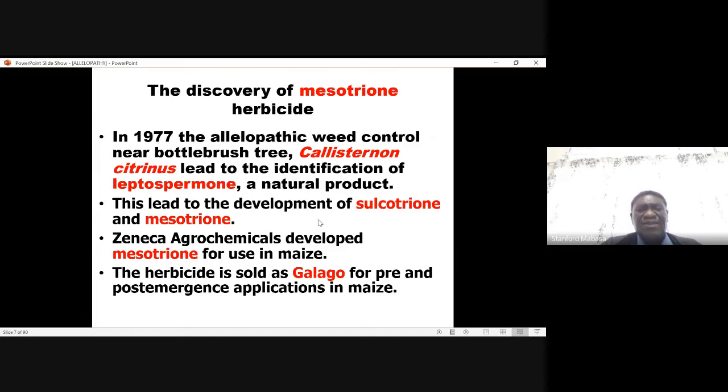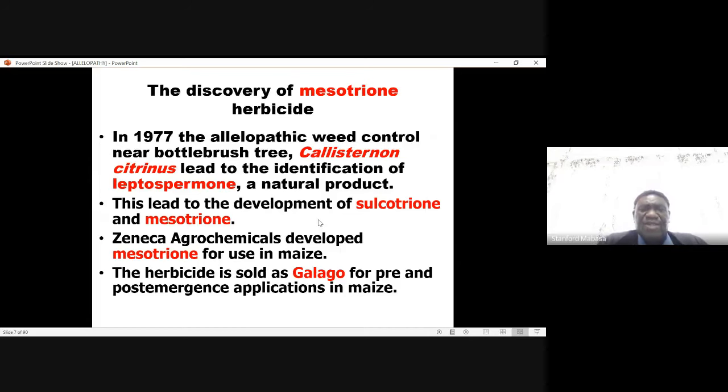leptospermone, a natural product, and this then led to the development of sulcotrione and mesotrione. It is mesotrione which is now being used to control weeds in maize.